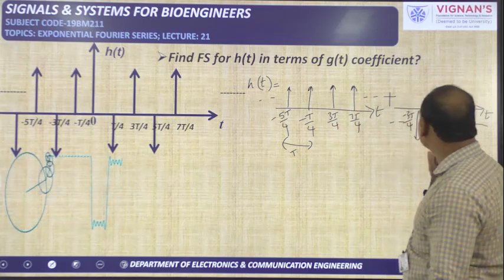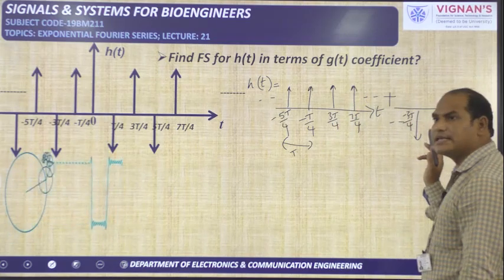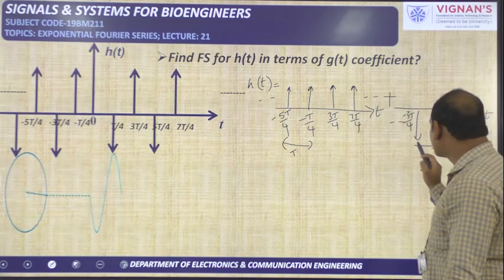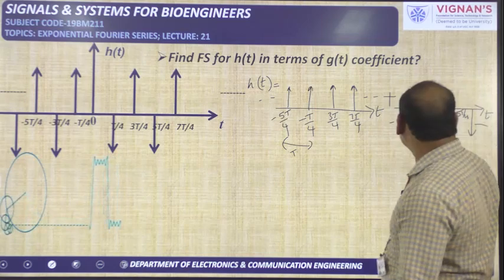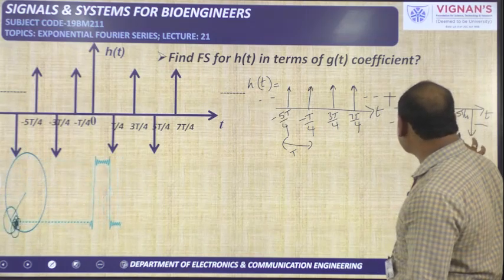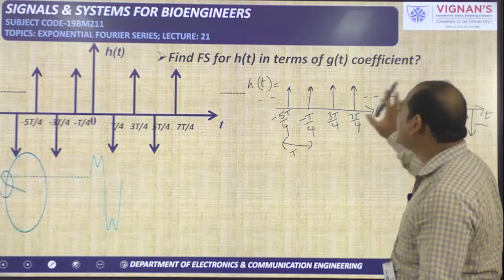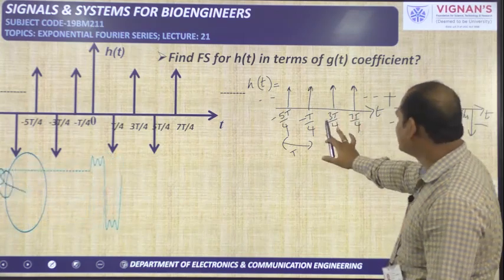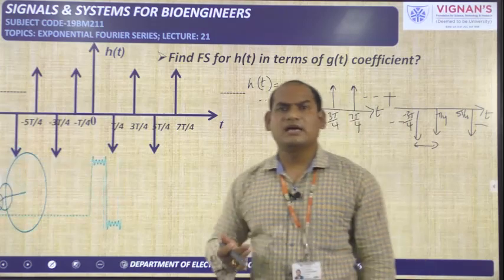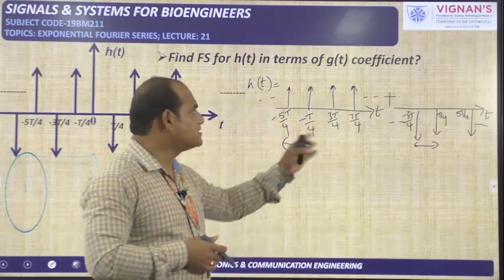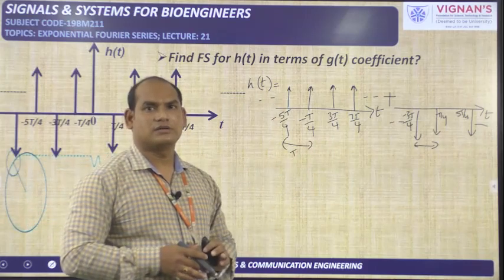Now in this one, the difference between successive impulses is also capital T, so it is also a periodic signal with time period capital T. By adding these two, the ratio of the time periods is equal to 1, which is a rational number. So the combination is also a periodic signal.